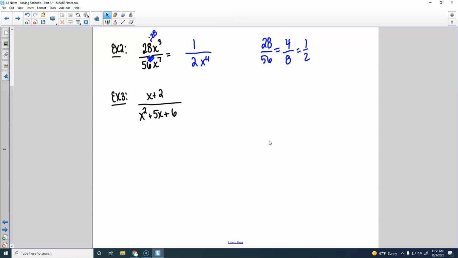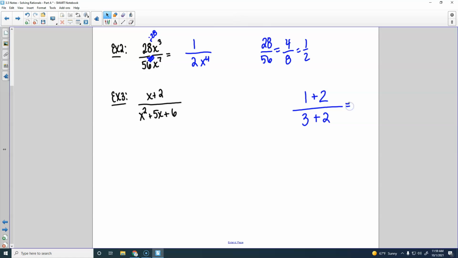So we could reduce things here and cancel them because everything was multiplied. There. If I have something like 1 plus 2 over 3 plus 2, right?